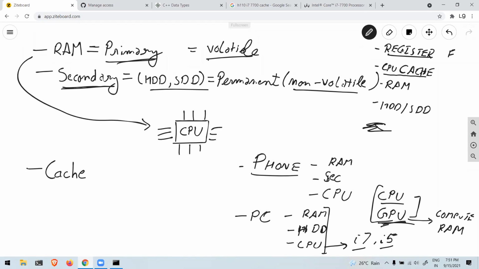Then there is CPU cache, which I think is shared by all the CPUs inside the processor chip, but this is a bit slower than your registers. Then comes your RAM, which is completely external to your CPU. You install it outside, and it is even slower than your cache. Then comes your hard drive or the secondary storage, which is the slowest of all.